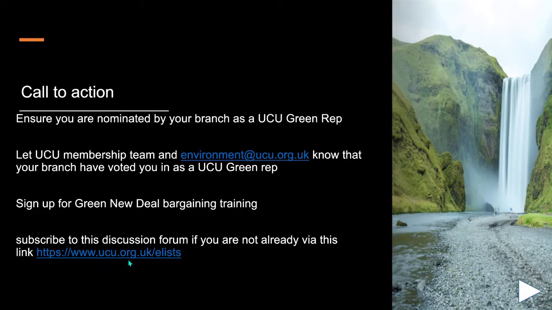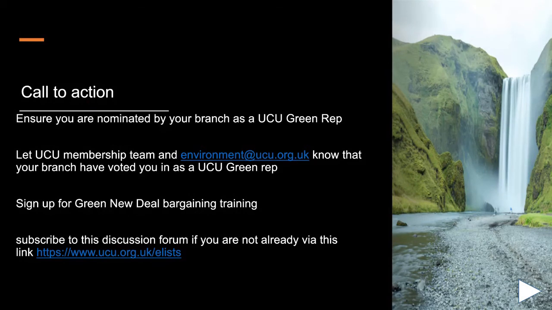Marianne, do you want to say anything about any of those bullet points before we move on to where people can get a bit more support? Yeah, just on letting us and UCU membership know, whether that comes from the branch secretary or branch chair or president, formally to membership and to environment.